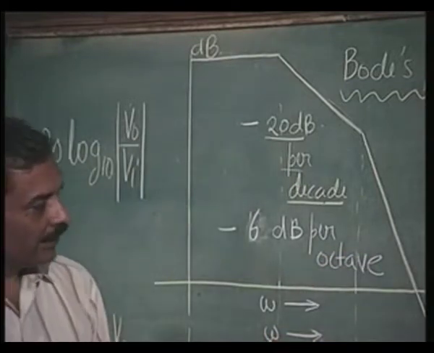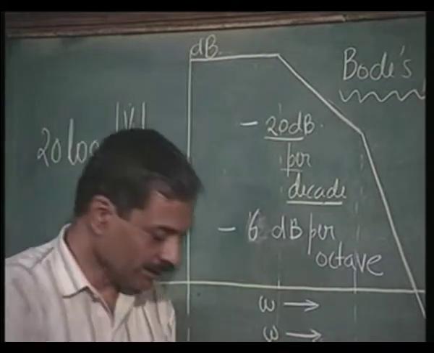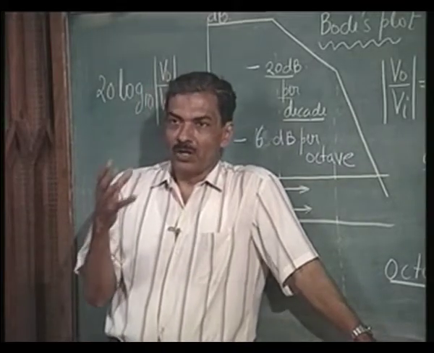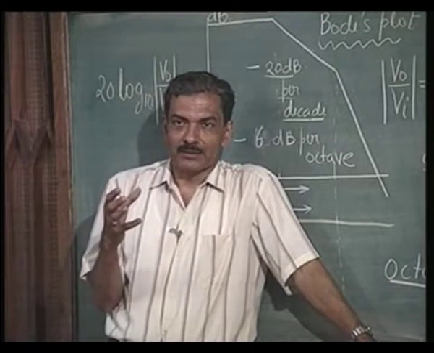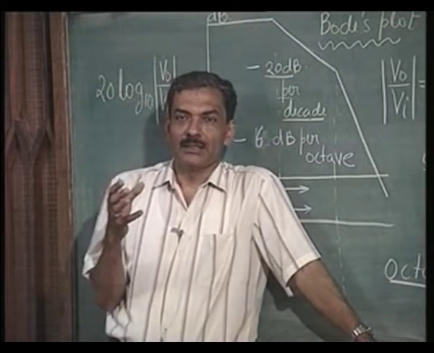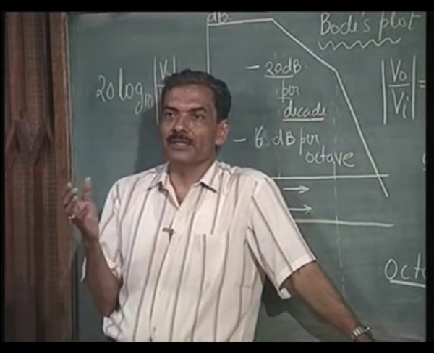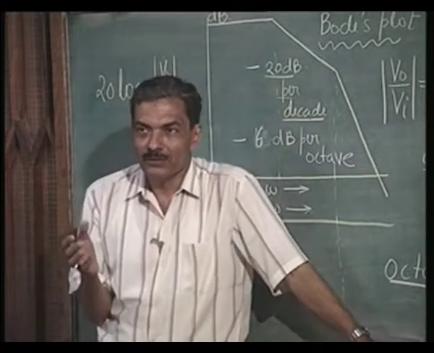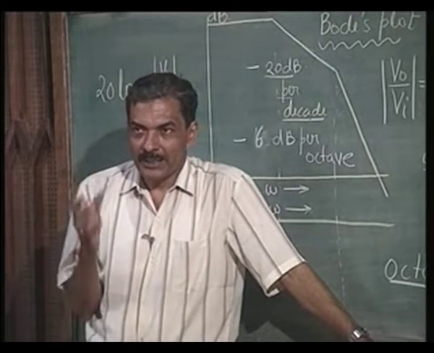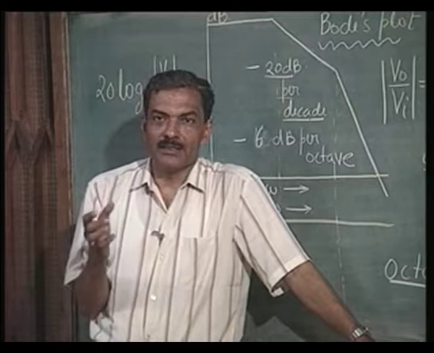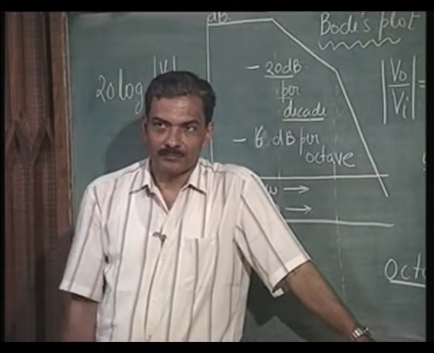As electronic engineers, this terminology you must never forget. Because of one time constant, any amplifier is going to have an attenuation of 20 decibels per decade or 6 decibels per octave.